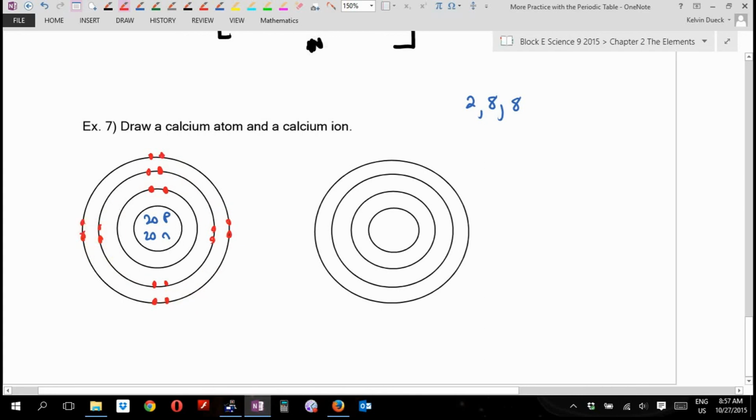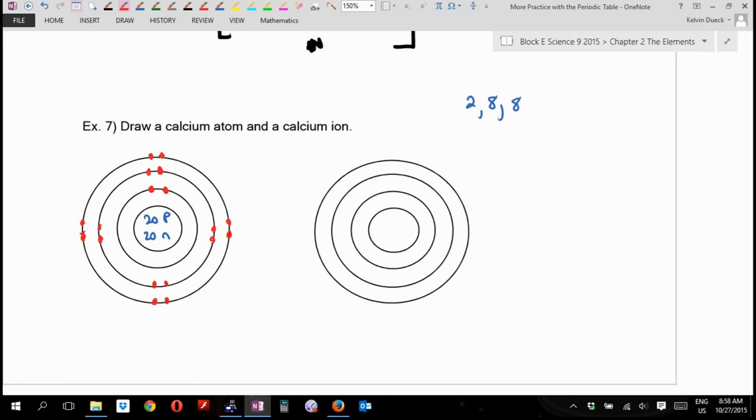There's the first 3 shells. Do you see how we can use that as a shortcut? The 2, 8, 8. How did I get the 2, 8, 8? On your periodic table, 2 in the first period, 8 in the second period, 8 in the third period, 18 in the next period, but I'm not going to have you draw something that big. How many more electrons do I need in my valence shell?